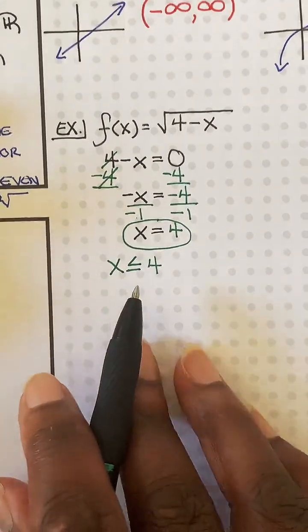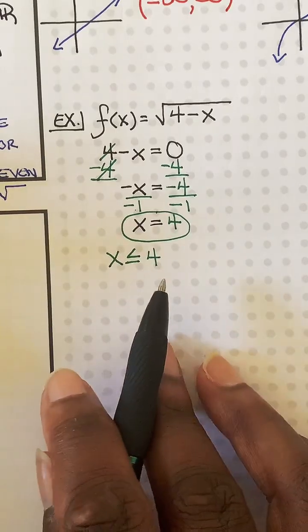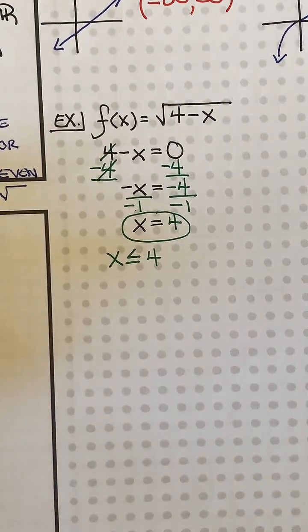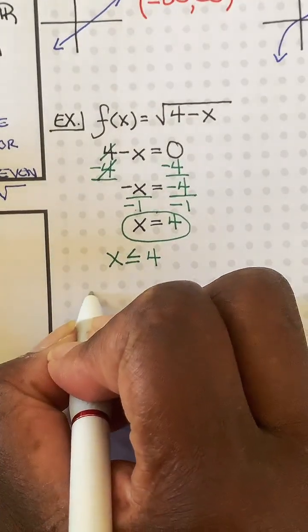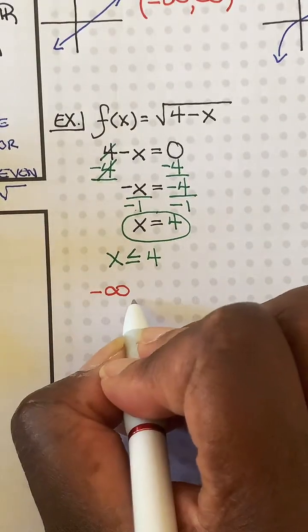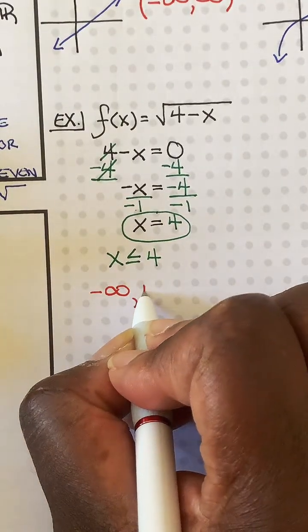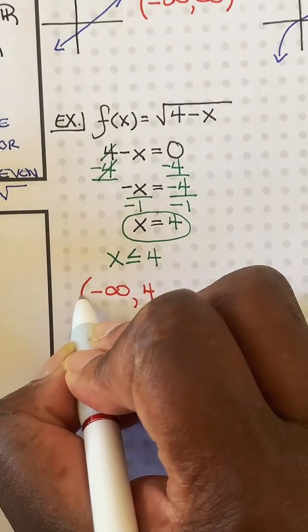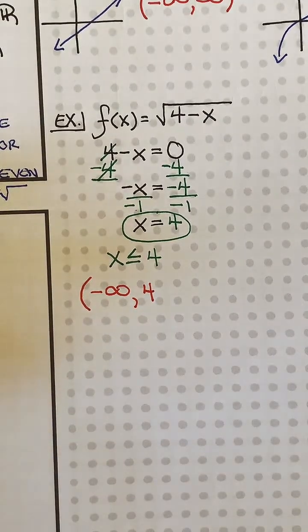So if I want to make this into interval notation, I always put the lowest number first. So my lowest number is going to be negative infinity, all the way to 4. Infinities always get a parenthesis.